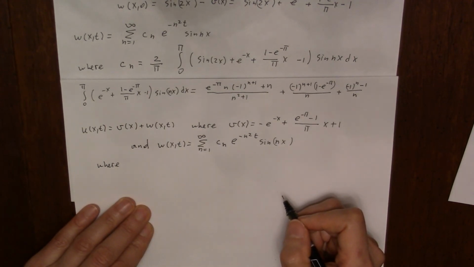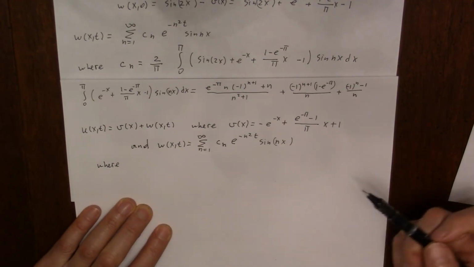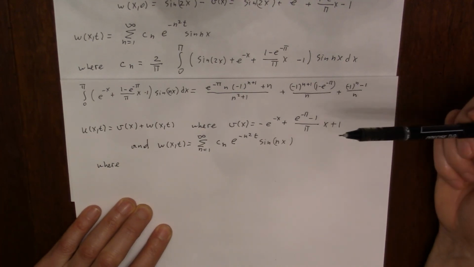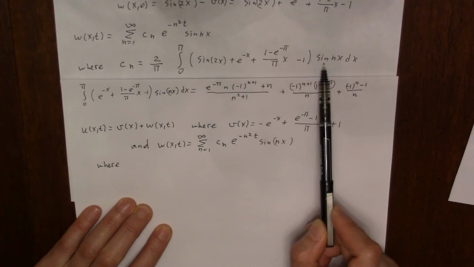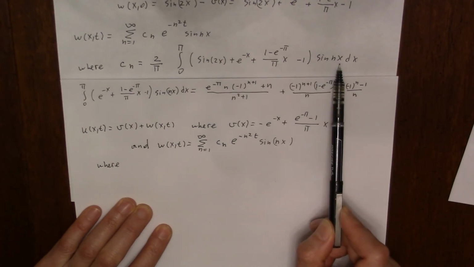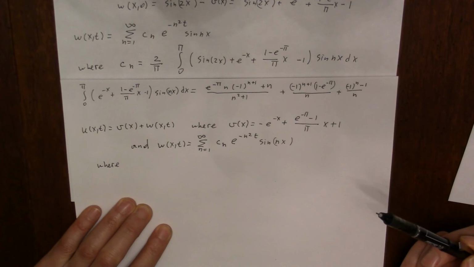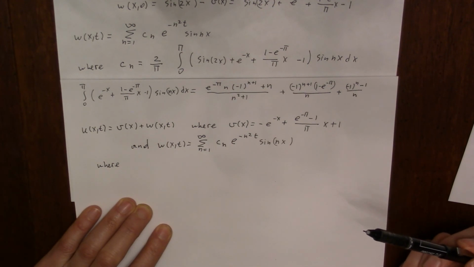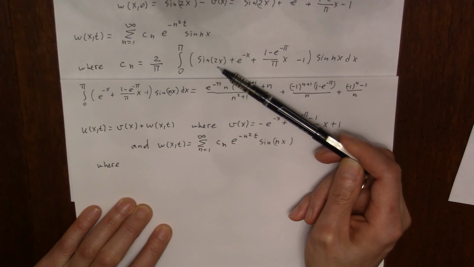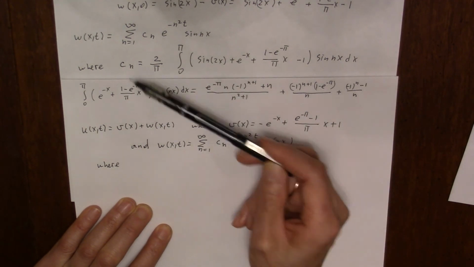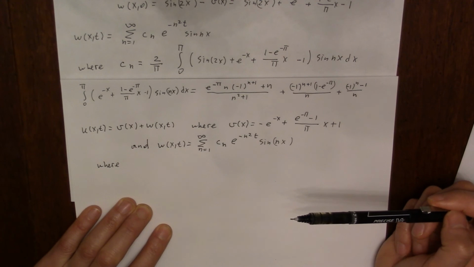now let's figure out what cn equals. If n is not equal to 2, then sine of 2x multiplied by sine of nx, when we do the integral from 0 to pi, should be equal to 0, because sine of 2x is going to affect only the c2 coefficient.